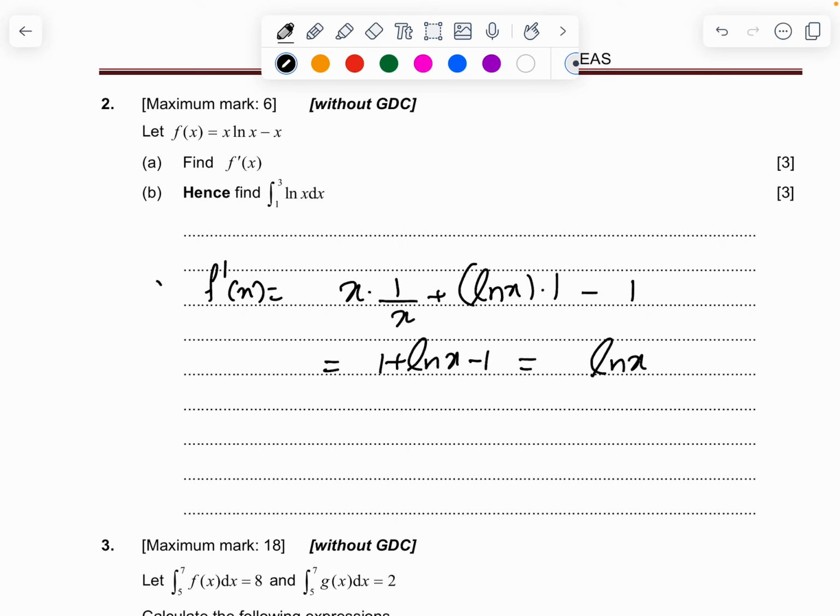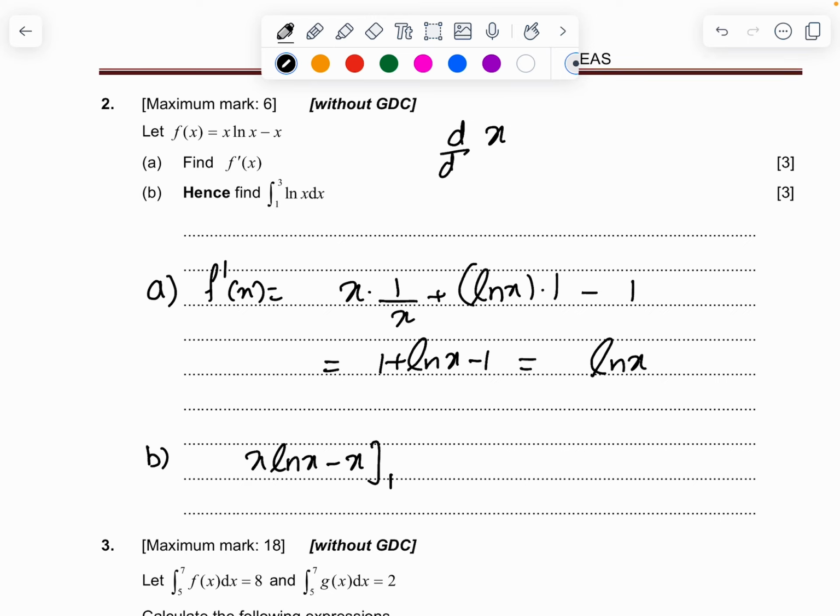Now part B, integral of ln x. Integral of ln x is x ln x minus x from 1 to 3, because we know that x ln x minus x was the question.